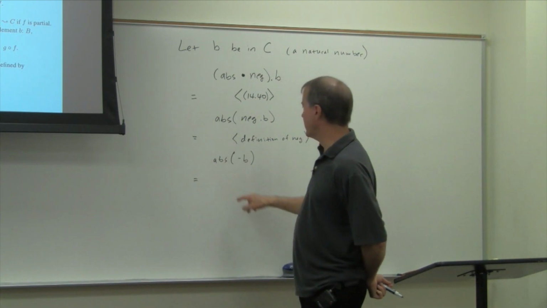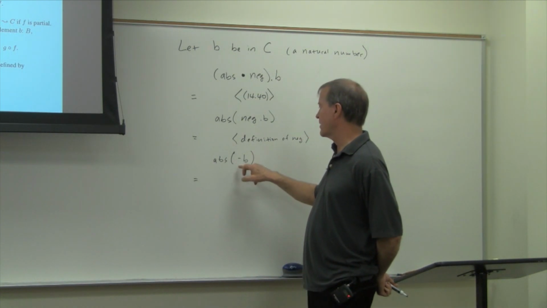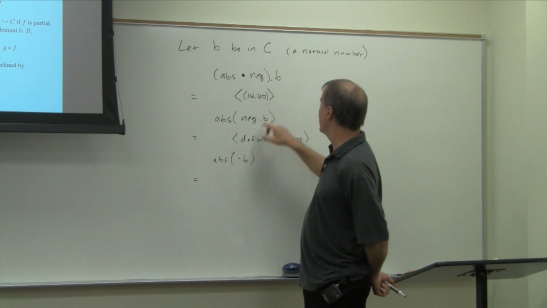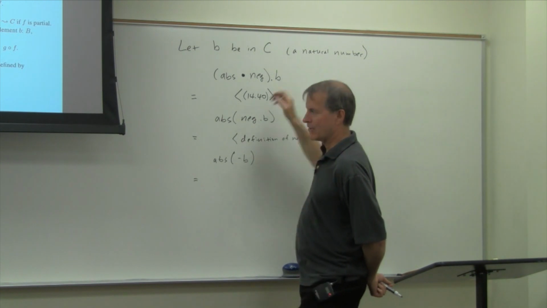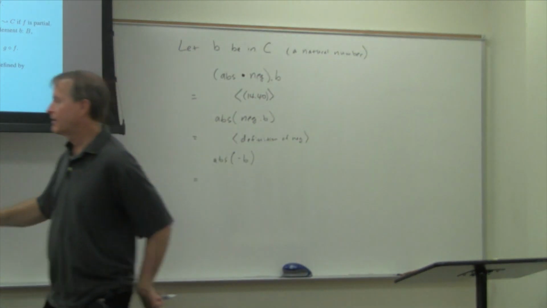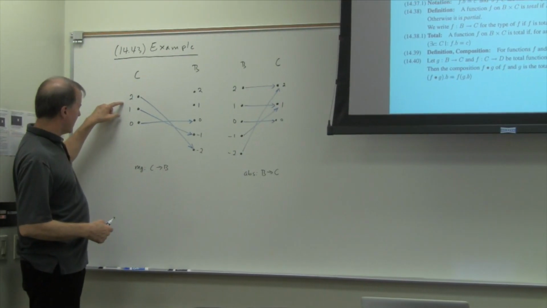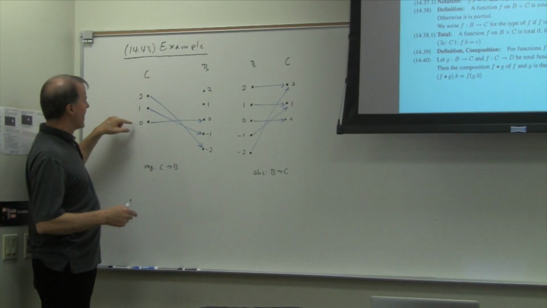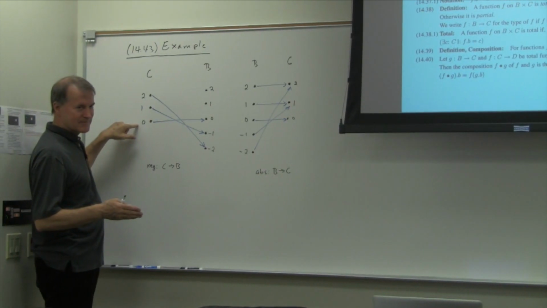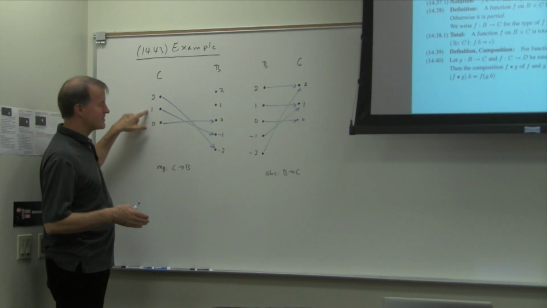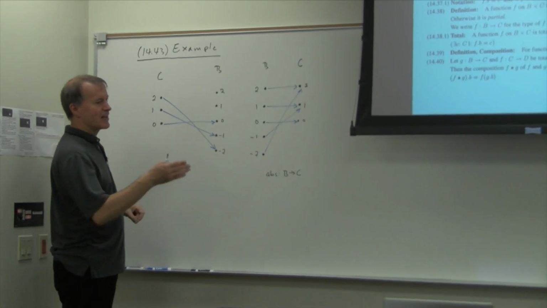Well, what's the abs of negative b if b is a natural number, which we have over here, look: 0, 1, 2. So what's the abs of negative 0? 0. What's the abs of negative 1? 1. What's the abs of negative 2? 2. So what's the abs of negative b?